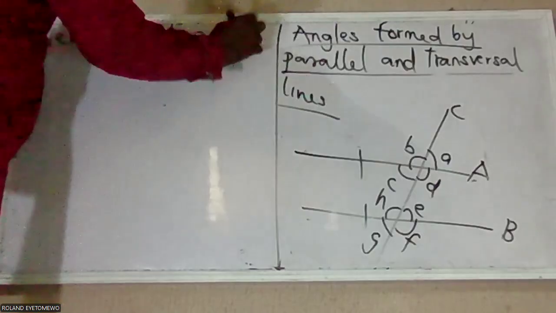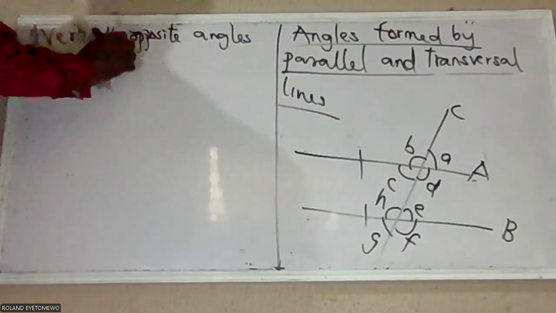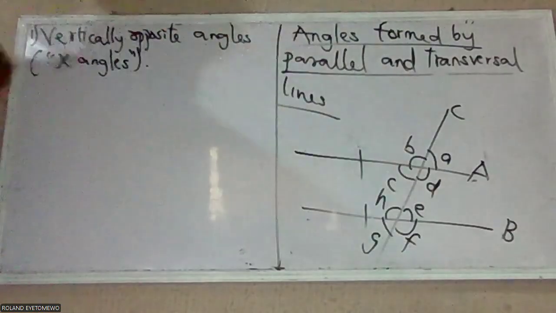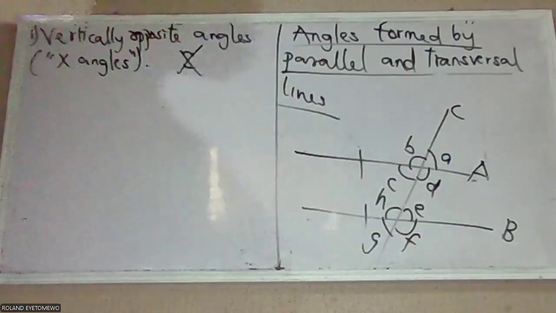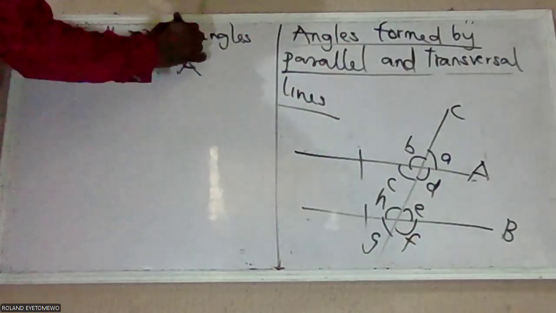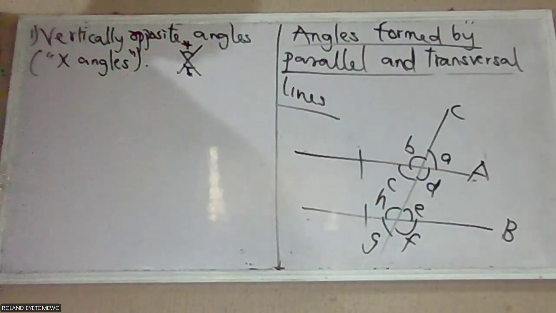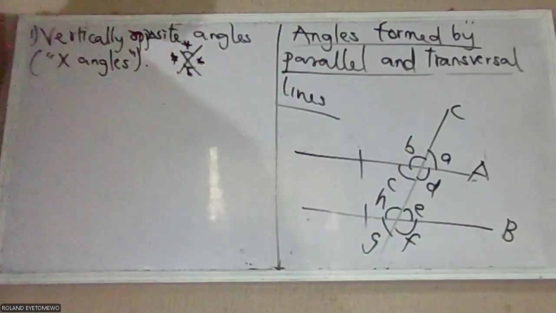The special name is X angles. When you write the letter X, two angles facing each other are vertically opposite to each other. The angle here and the angle here are vertically opposite. The angle here and the angle here are also vertically opposite.